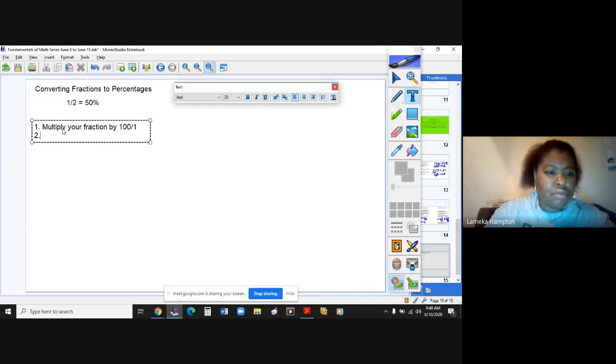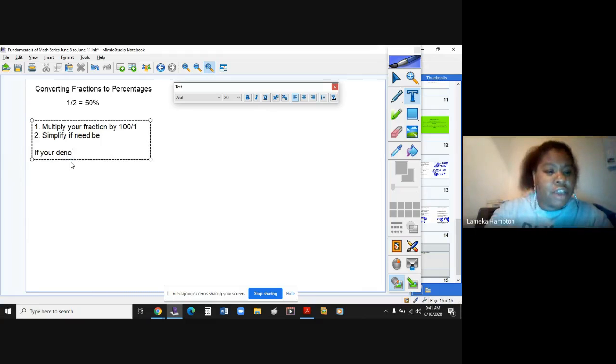And step 2, simplify if need be. Now, there is another trick that I want to show you on how you can convert your fractions to percentages. So this is the bonus.